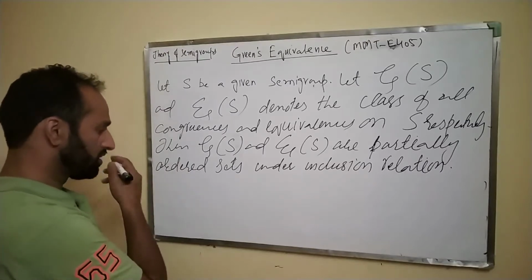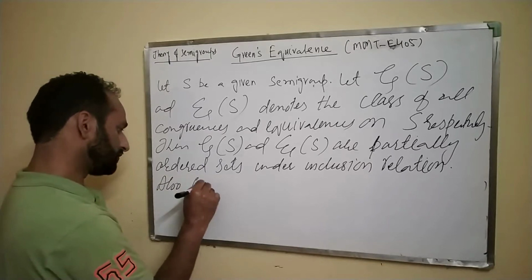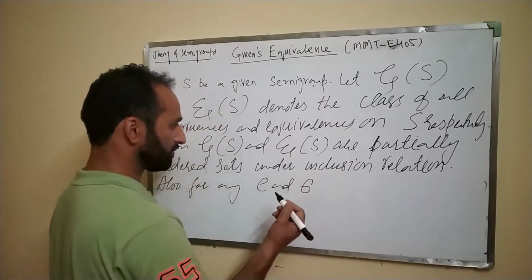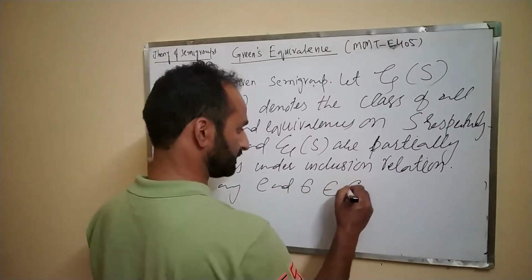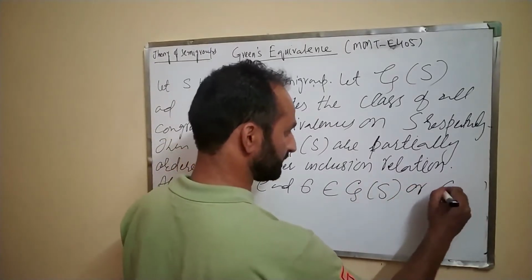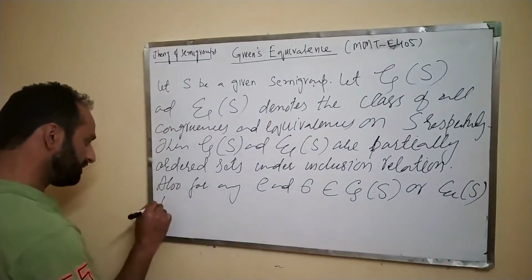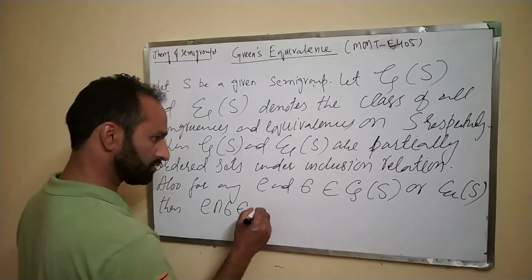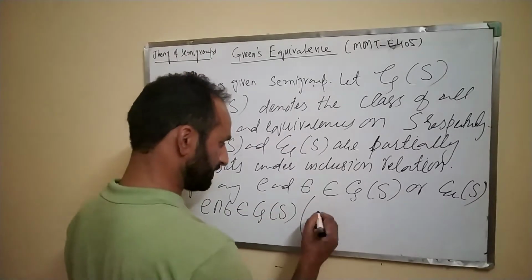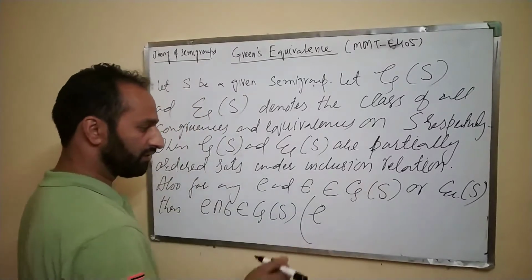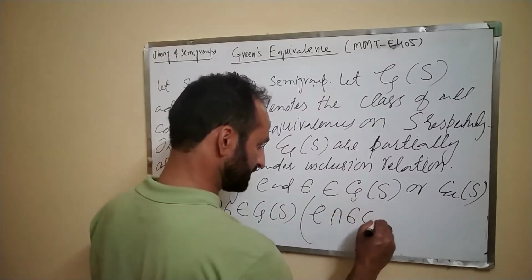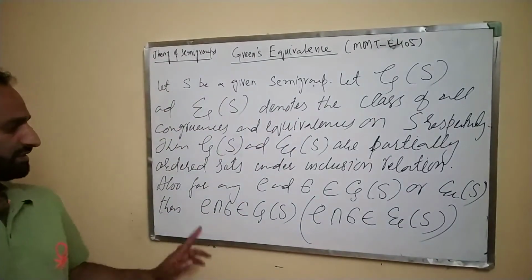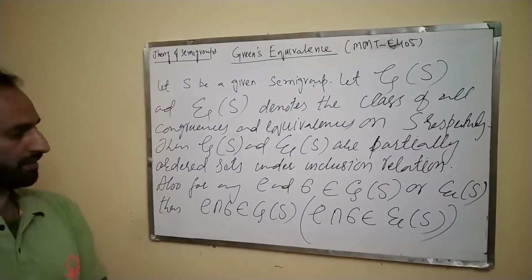Now, also, for any rho and sigma in C of S or in E of S, the intersection rho intersection sigma also belongs to C of S, or if they are in E of S, then their intersection is also in E of S. And this is the greatest lower bound of rho and sigma.